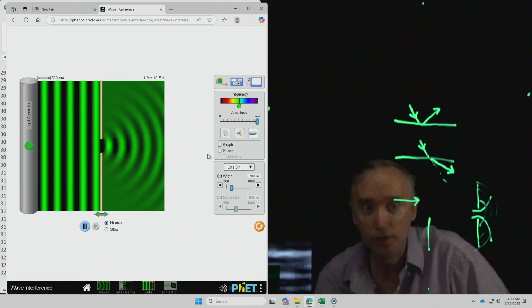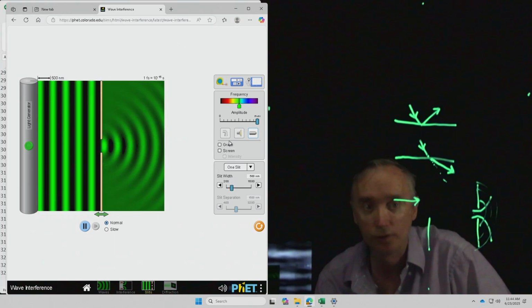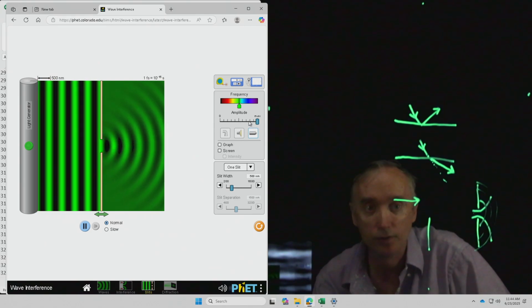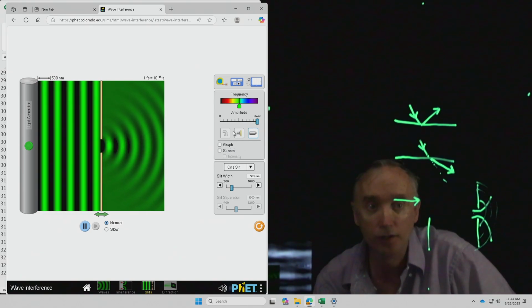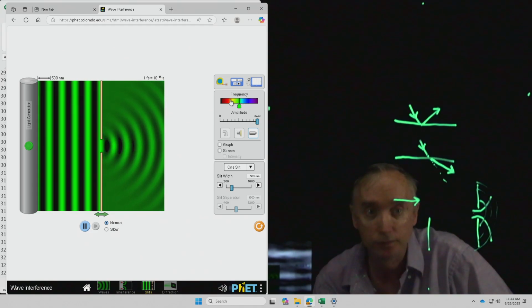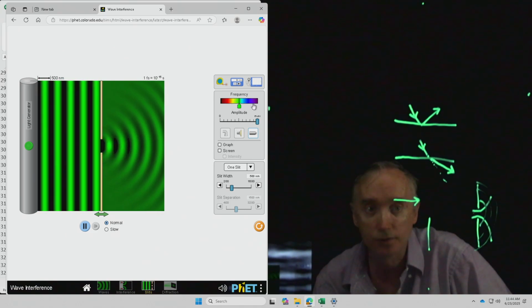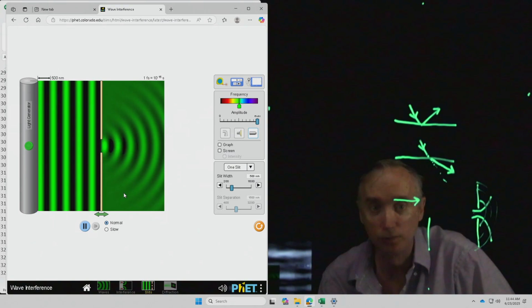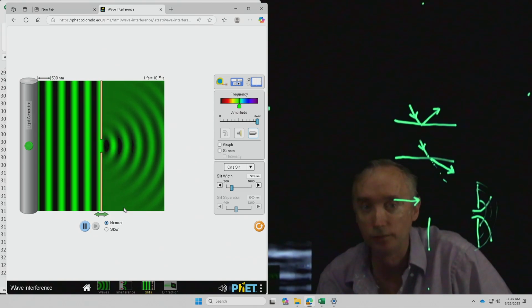Okay, now I want you to change the wavelength. You can do that by, this is the amplitude up here, and you can change the frequency with this slider. So change this slider here to different colors and observe that the angle where it gets dim changes when you do that.